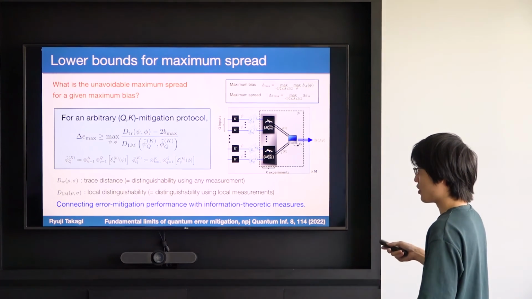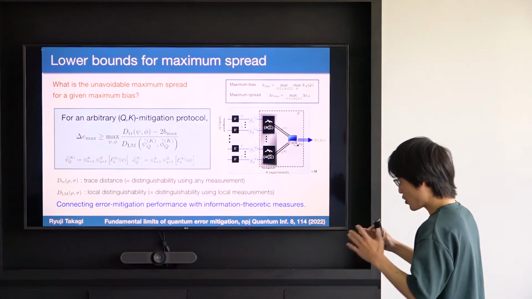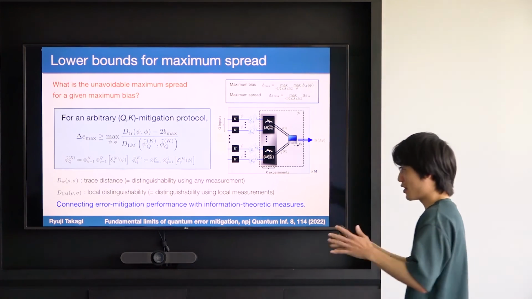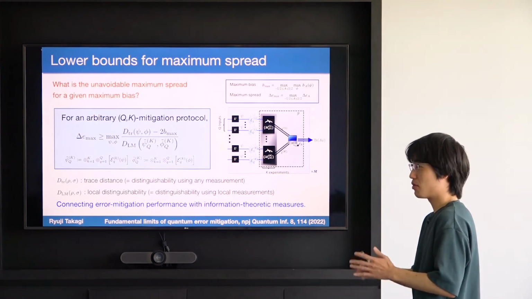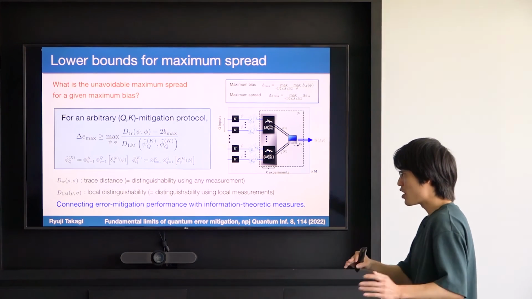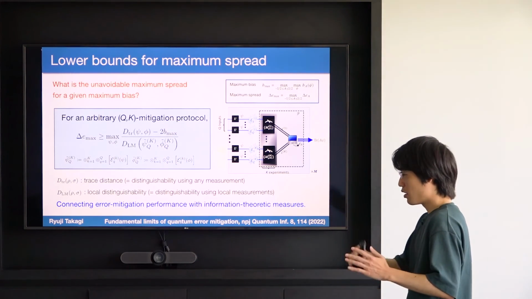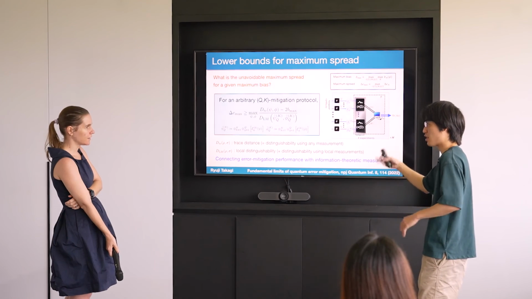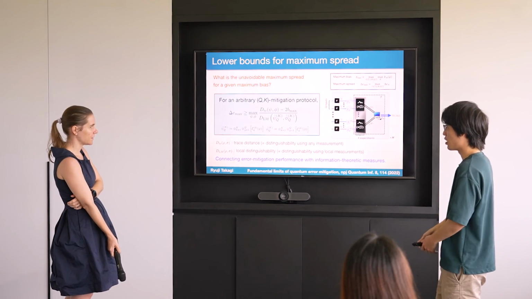So there should be a restriction there, which is the data processing inequality. That's a fundamental one. But error looks like it is mitigated in some way, so there should be some trade-off with the fundamental restrictions put by the data processing inequality, and that's how you can formulate this kind of relation.